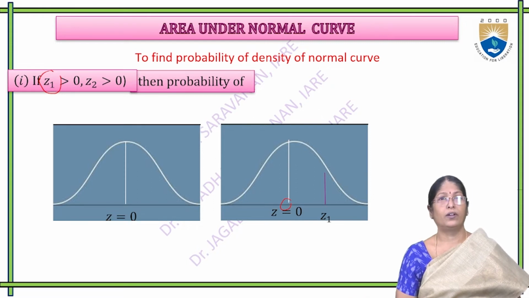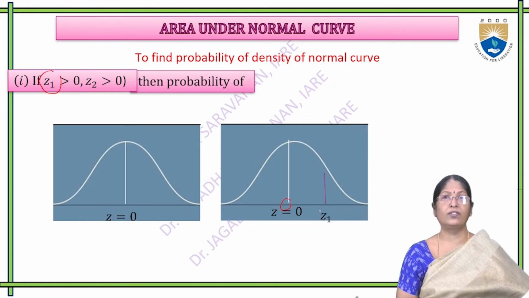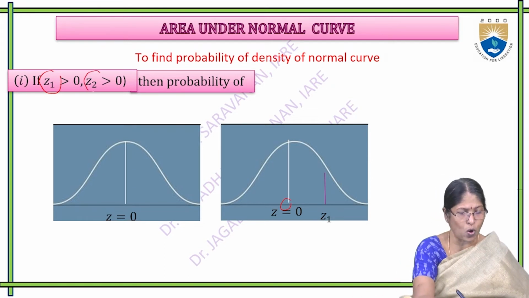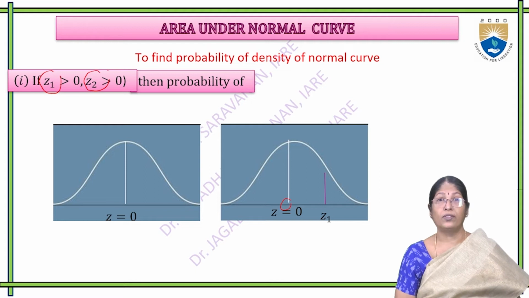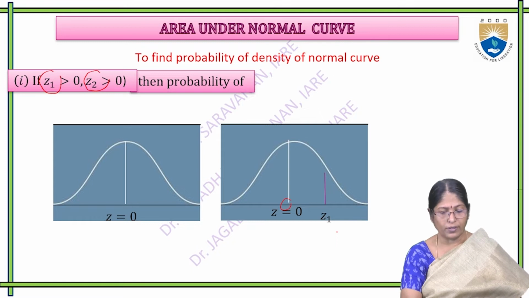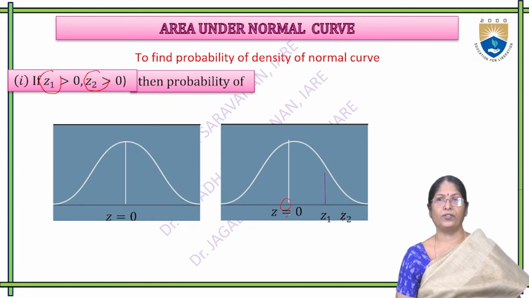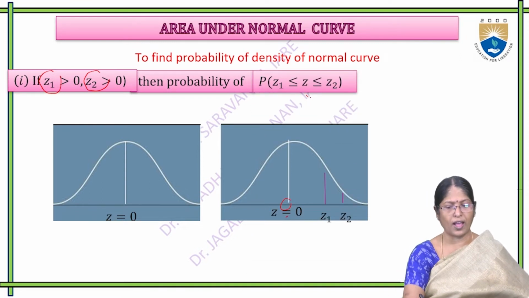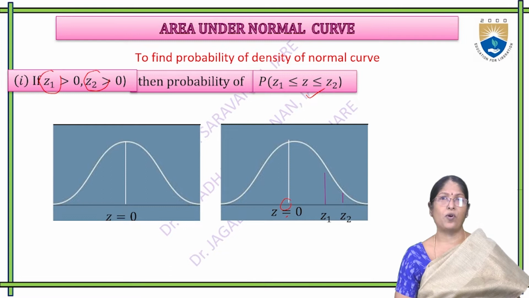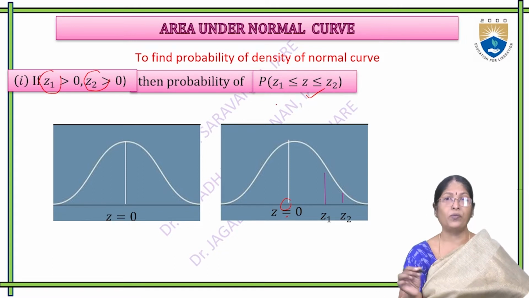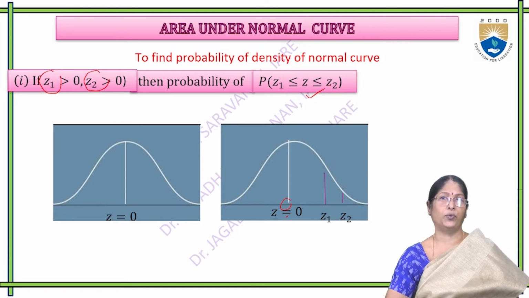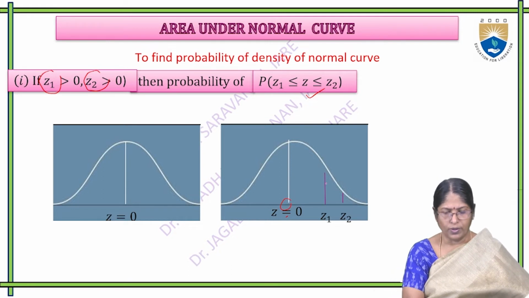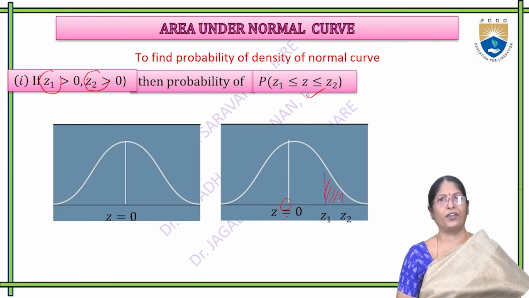Another one, z2, is also greater than 0, so that is also placed on the right side of z. Then what is our question? The question is the probability that z lies between z1 and z2.